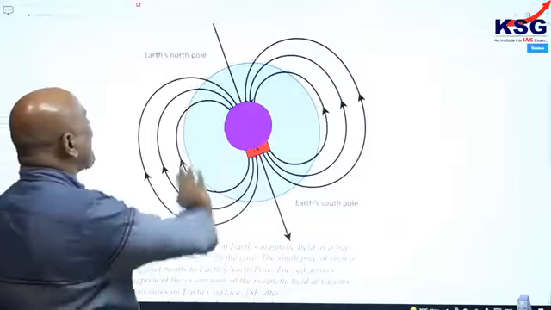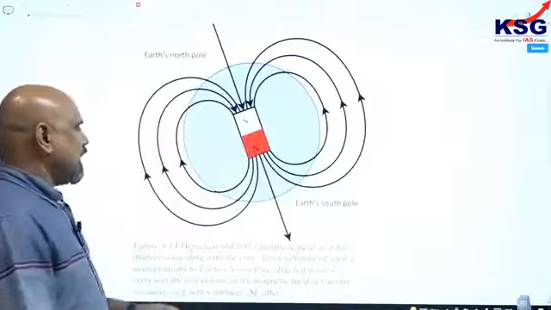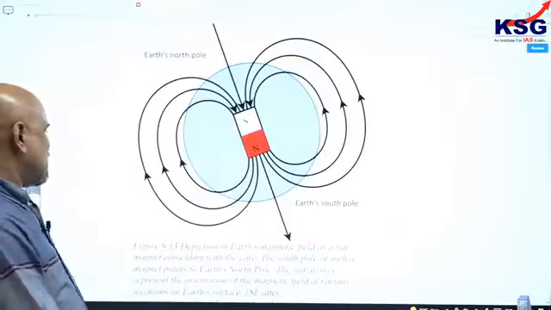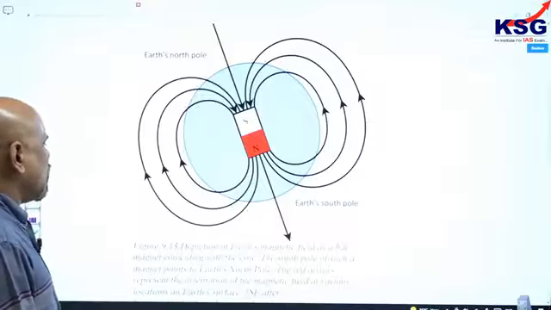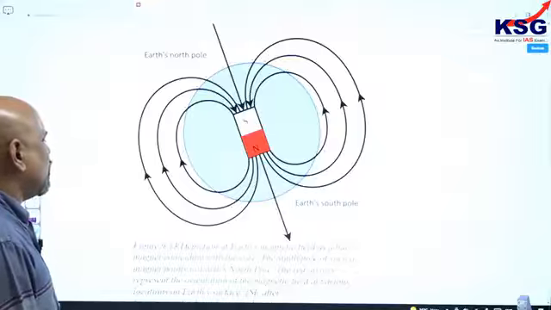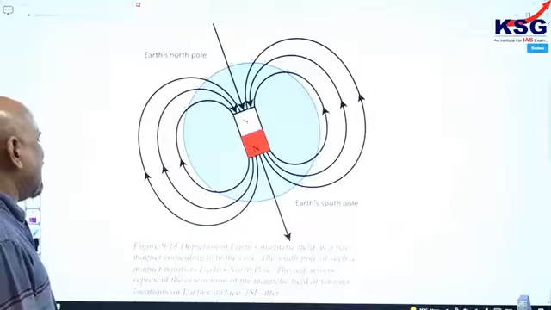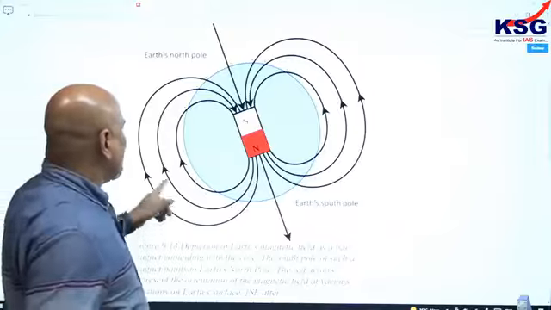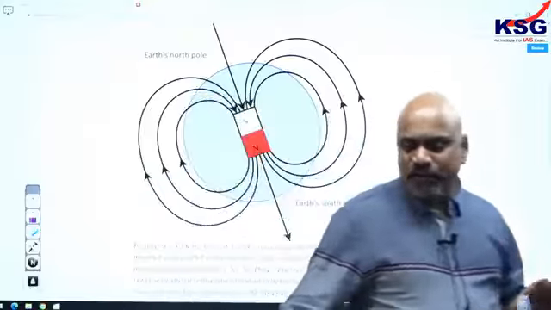This is the earth's north pole, but the magnetic south pole you see. Here the earth's south pole, the magnetic north pole you will have here. Can you see this? Depiction of the earth's magnetic field as a bar magnet coinciding with the core. The south pole of such a magnet points to the earth's north pole. The red arrows represent the orientation of the magnetic field at various locations on the earth's surface. The magnetic field is different at different locations on the earth's surface, but remember, this is the magnetic field which you will get.